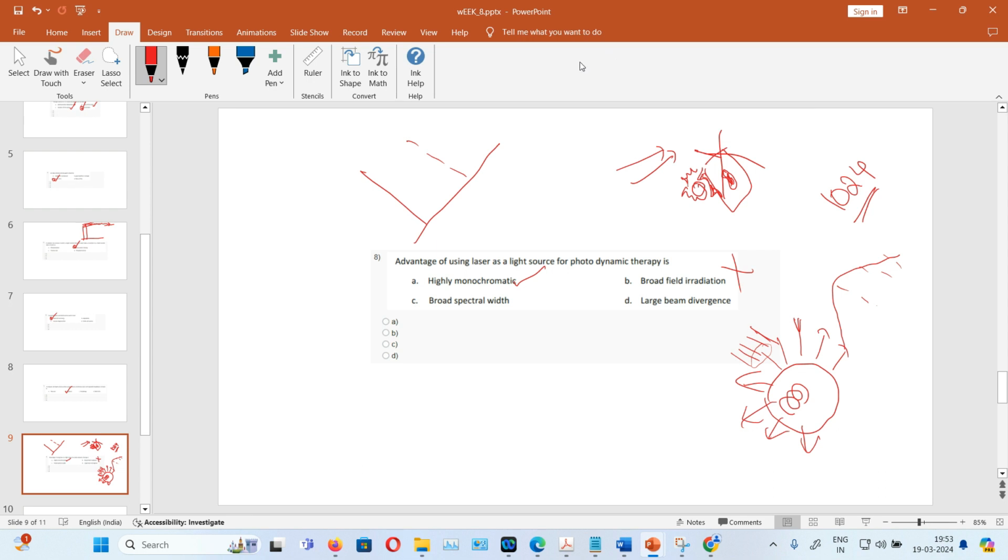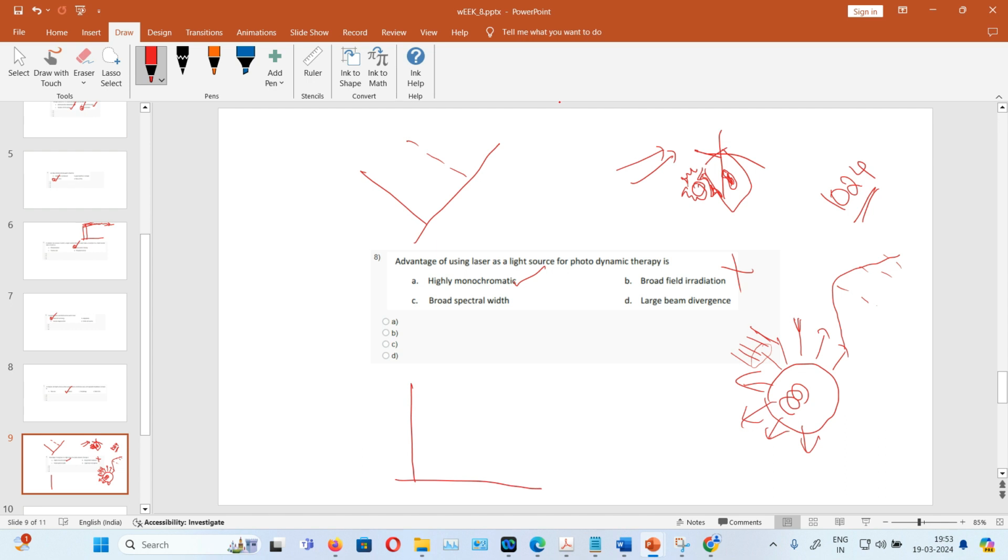so broad spectral width, that is a similar thing. Usually a normal incandescent lamp has a broad spectral width, but a laser will have a very sharp spectral line. Spectral width is in the frequency domain.